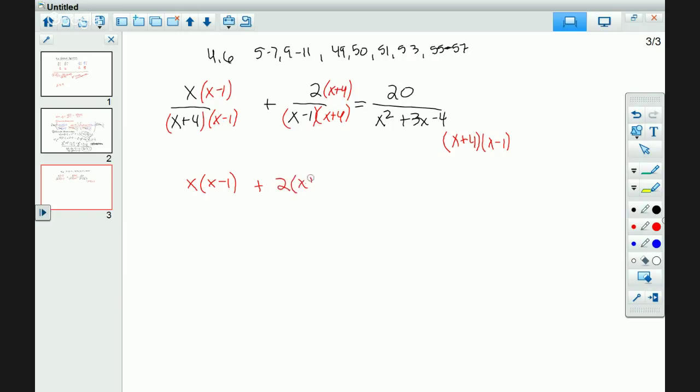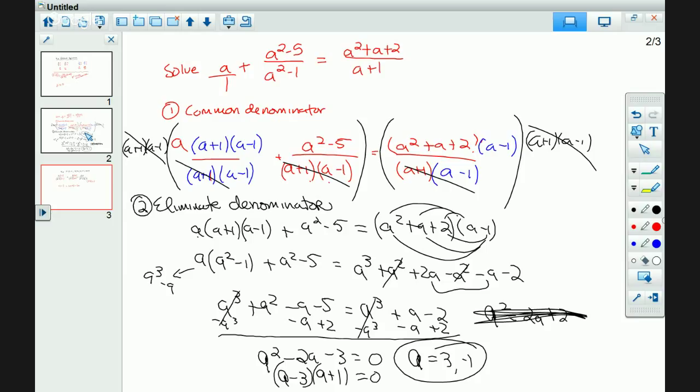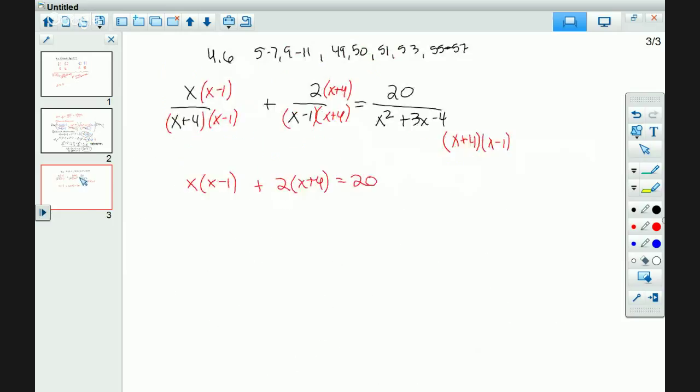And I'll add the numerators. You can see I did it right on this last one. I wrote this step to multiply it out, but you don't need to. There's your equation.